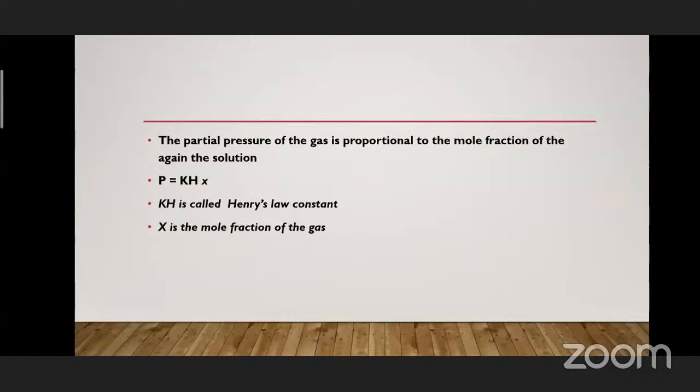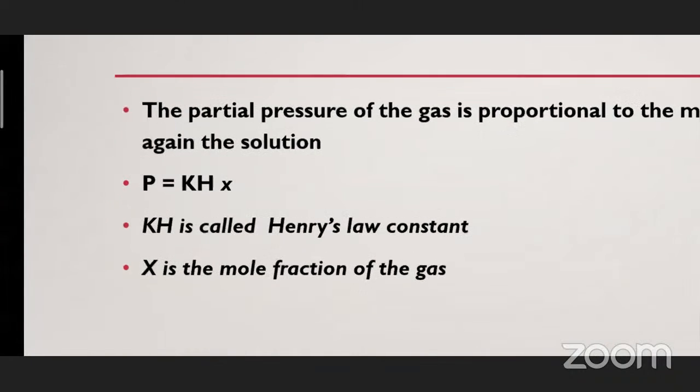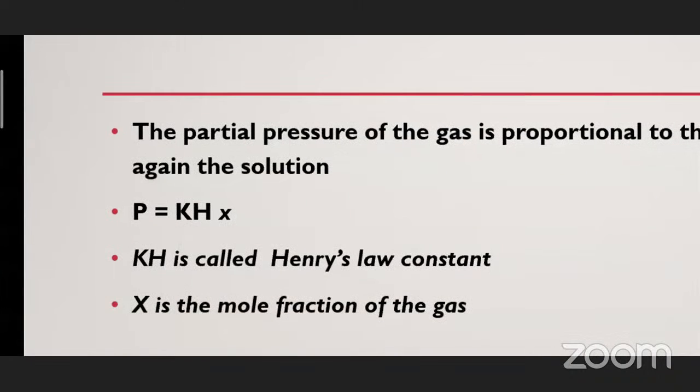This is the mathematical formula of Henry's law. The partial pressure of the gas is proportional to the mole fraction of the gas in the solution. So P is equal to KH times X. P is the partial pressure. KH is called Henry's law constant, and the KH value is different for different gases.